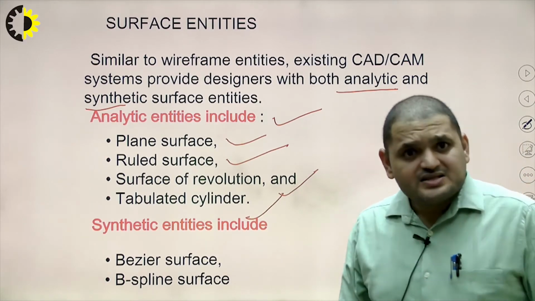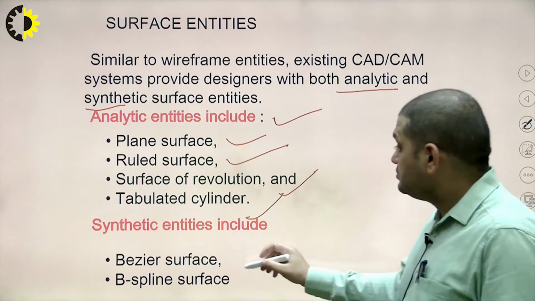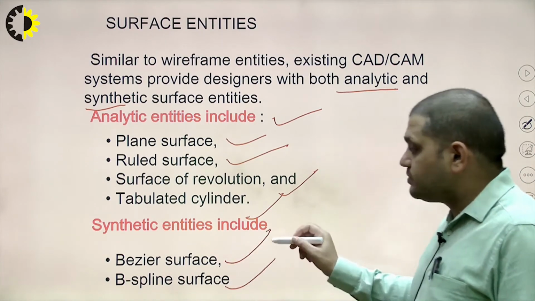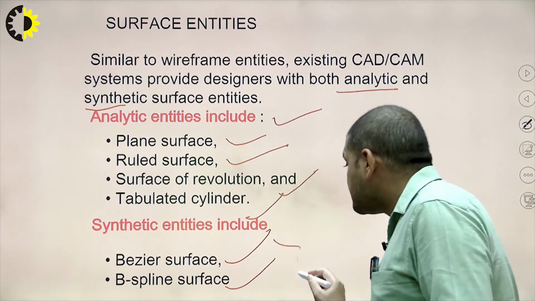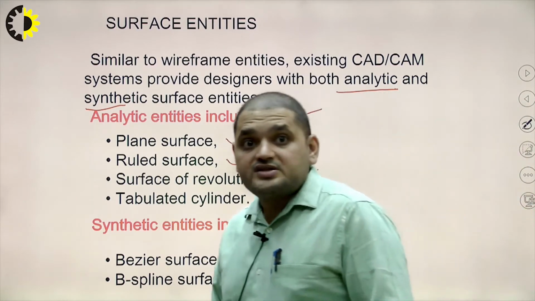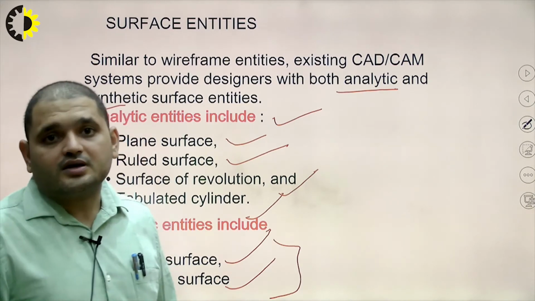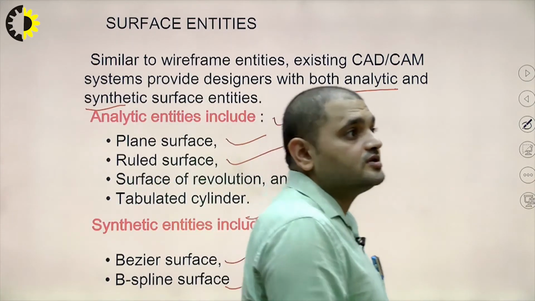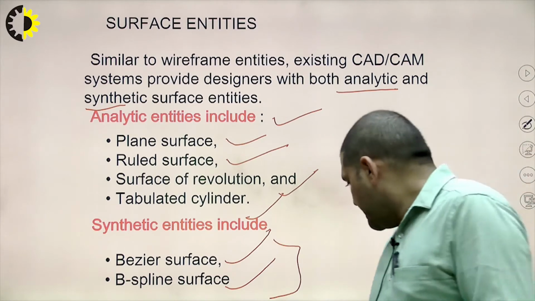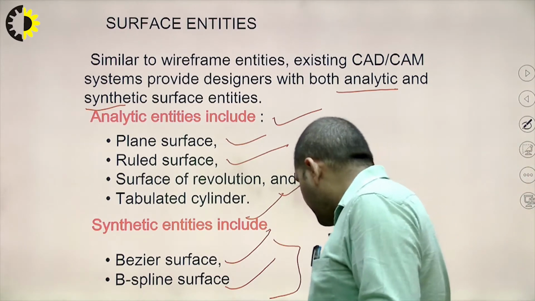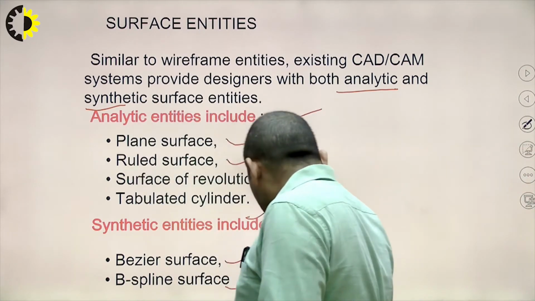Next, synthetic entities include Bezier surface and B-spline surface, and these surfaces are very important, which cannot be drawn using the old traditional drafting method, because they are made up of synthetic curves.